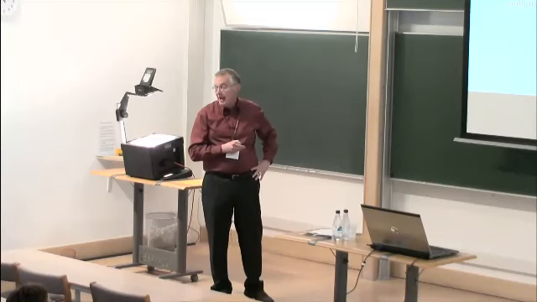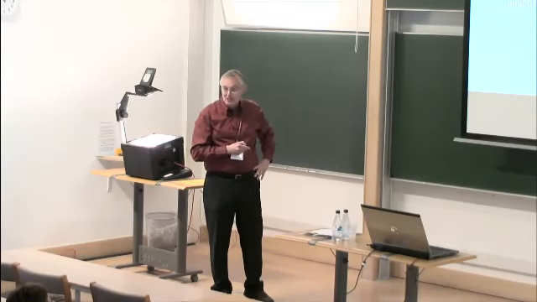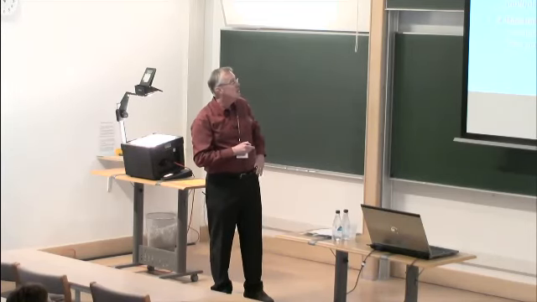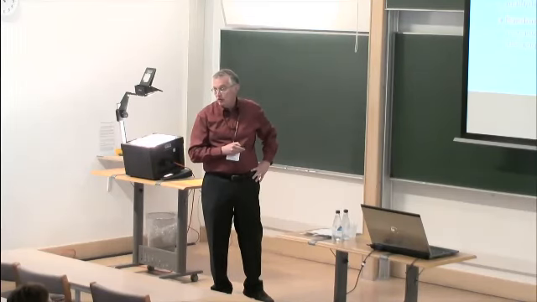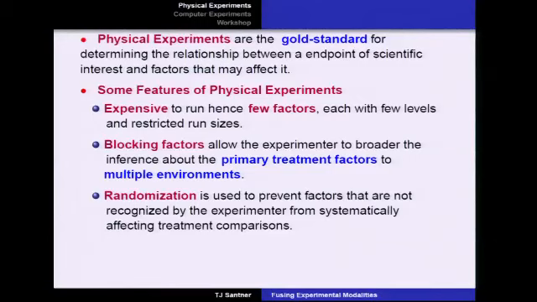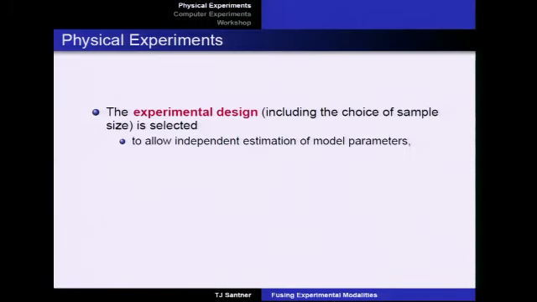And the same sort of thing happens in simulator experiments. Of course, in physical experiments, you have to randomize because you don't know what other factors might be lurking in the background that you don't know about. Those kinds of issues are not present in computer experiments typically.